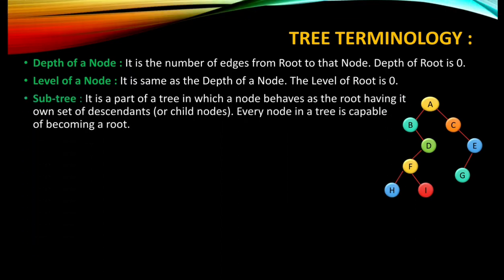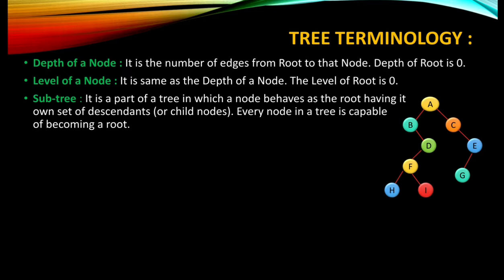Now, subtree, you already know. Each and every parent has some children, and the children behave like a tree. Then they are subtrees. And they can be said to be descendants. The child nodes are the descendants.